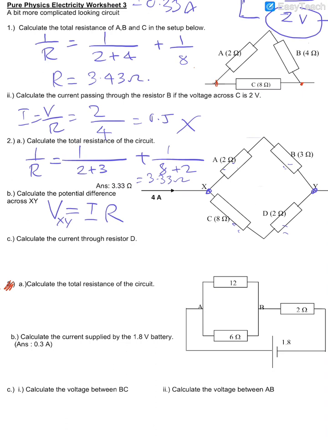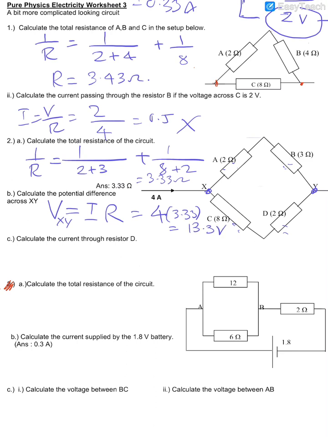Yihui, listen, you are struggling here. You better listen and know what's happening. Voltage across X, Y. The current is how much? 4. What is the resistance? 3.33. The reason is because across XY the total resistance is 3.33. Okay? So answer is 13.3, right?